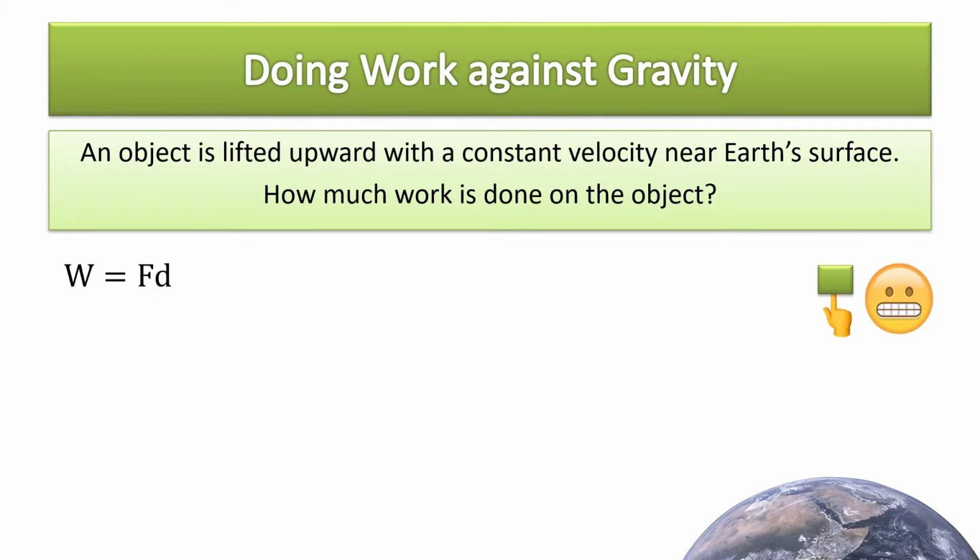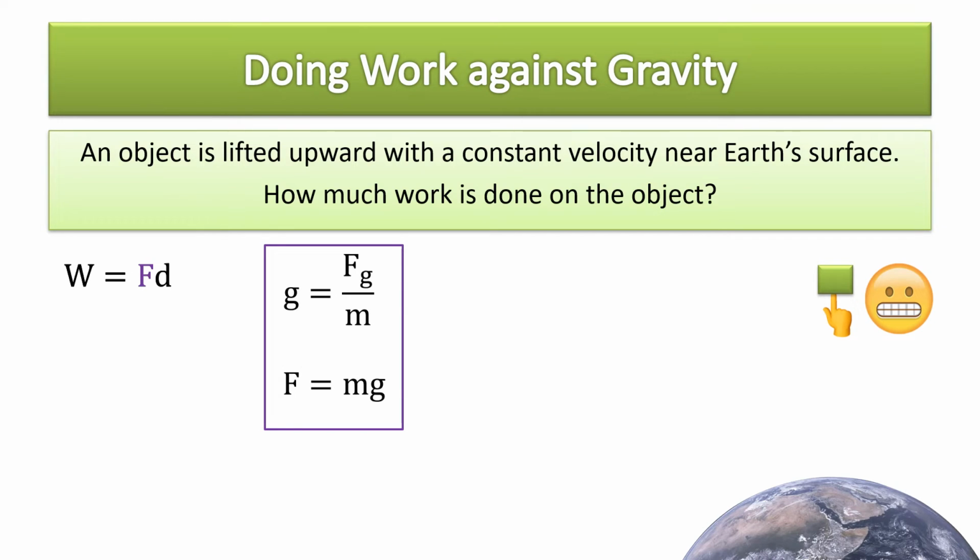So the work is equal to the force times the distance. All right, so what should the F be in this case? Well, in Newton's second law, you can use this to determine what Fg is equal to. So Fg is equal to mg, and we'll plug in mg for F. All right, so we have mg times d.